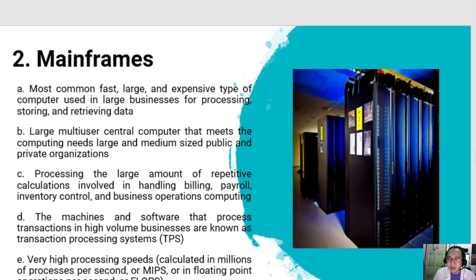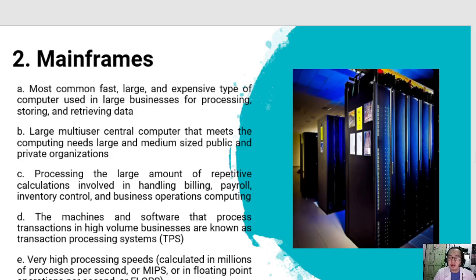It is usually used in hospitals, in our course, and other large healthcare facilities, again for processing, storing, and retrieving data. It is a large multi-user computer, as we have mentioned, for public and private organizations and institutions.